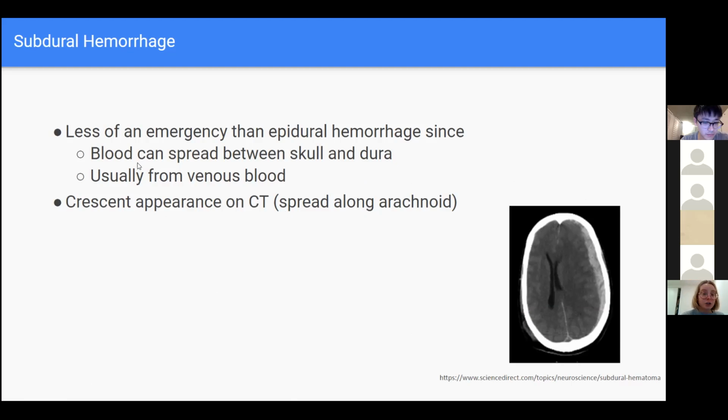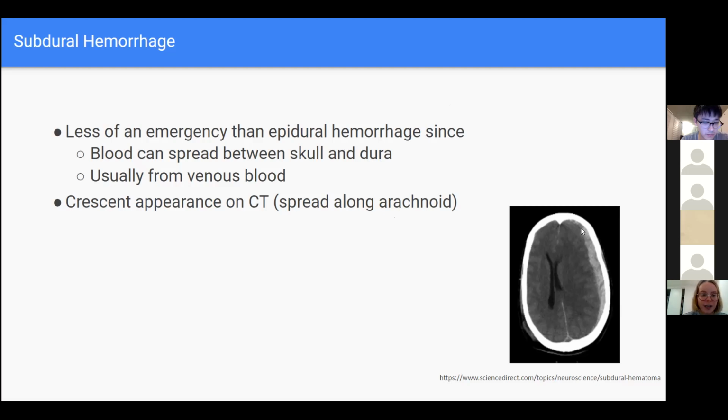Also, the blood can spread between the dura and the arachnoid. I have a blank right now; I will change it for you if you take the PowerPoint afterwards. Because it can spread, it creates less increased pressure less rapidly, and so the brain is less at risk for herniation or damage.